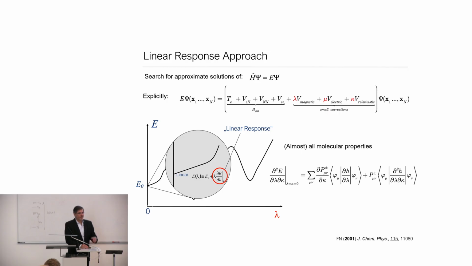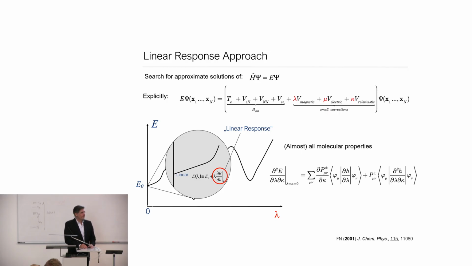For example, in NMR, that's important when you want to calculate the chemical shielding tensor for like 1,000 nuclei. You will only need to solve the so-called response equation set with respect to three magnetic field components. And then you can calculate basically the chemical shielding tensors for 1,000 nuclei.